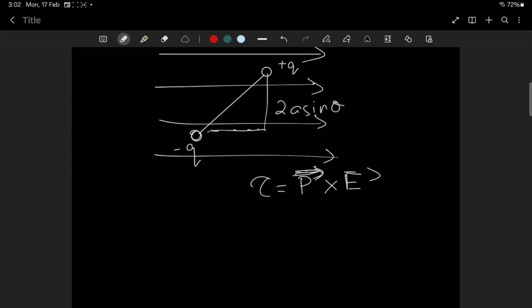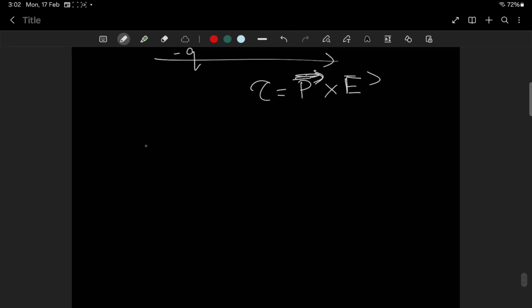Here there is also a change in potential energy, because a torque is acting on it. So what is the work done?